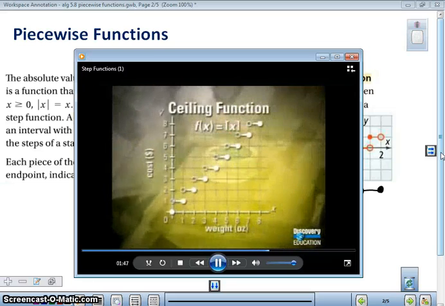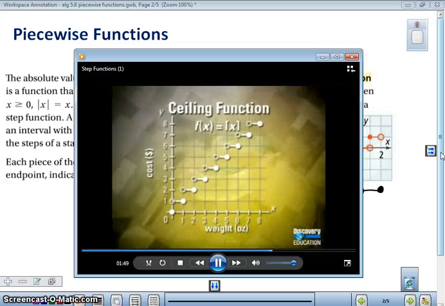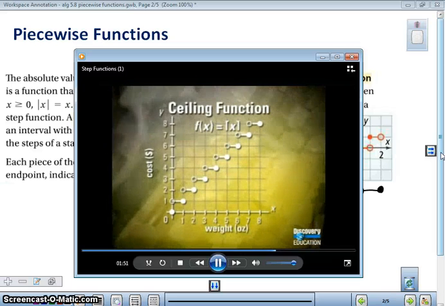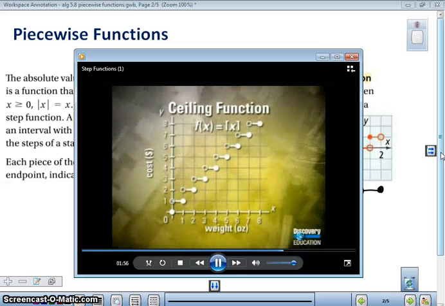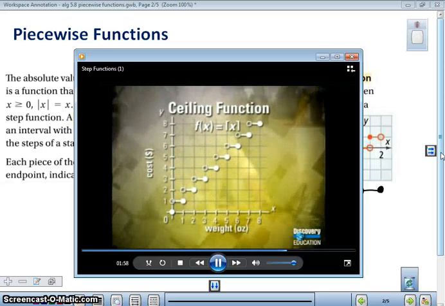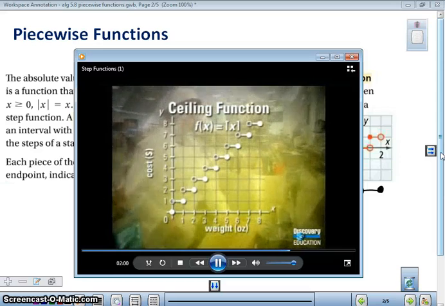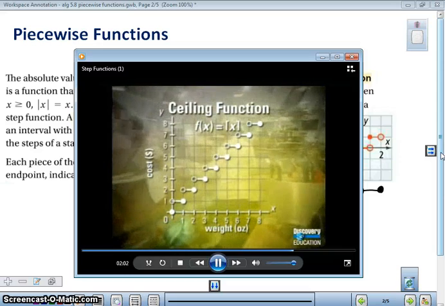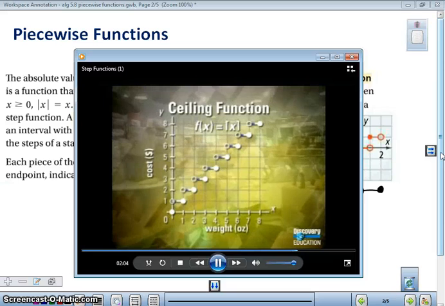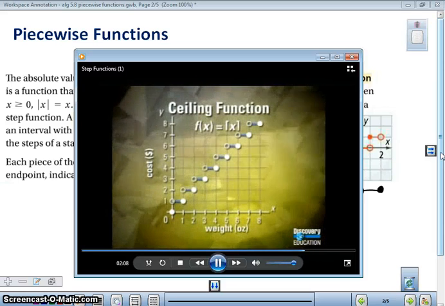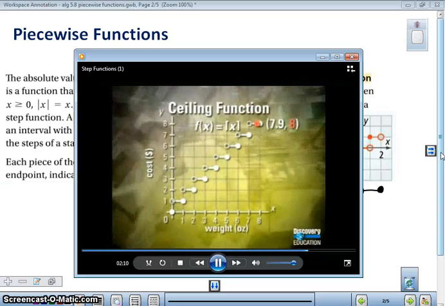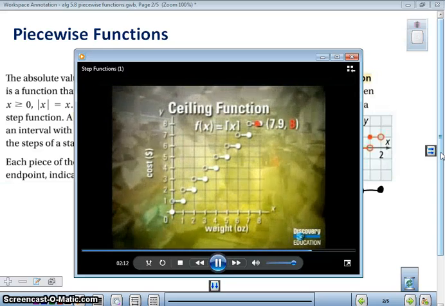Another step function is the ceiling function. F of x equals the ceiling of x. Here's the graph. The ceiling function works opposite to the way the floor function does, stepping up rather than down. The ceiling function has this major difference. As soon as x has a value any greater than an integer, the value of y jumps to the next greater integer. Like when the store tried to charge you $8 for only 7.9 ounces of cheese.